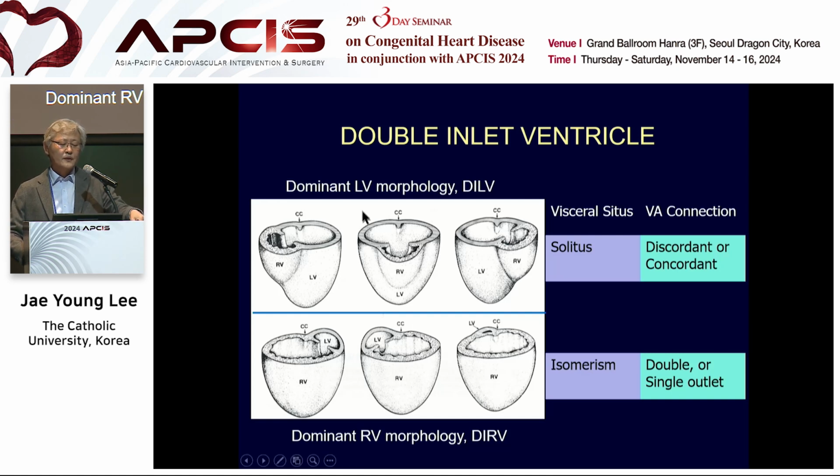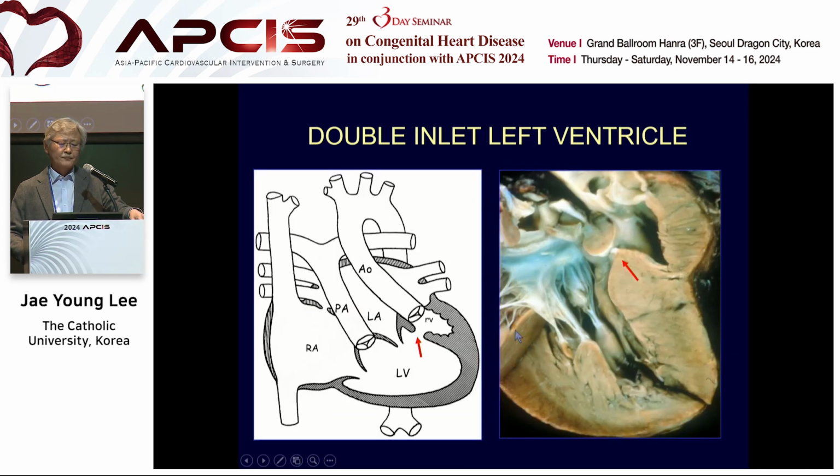Double inlet left ventricle is more common, with visceral situs usually solitus. VA connection is usually discordant. Dominant ventricular RV morphology is frequently associated with isomerism, and the outflow tract is from the morphological RV, with double or single outlet flow tract. In a typical case of double inlet left ventricle, RA joins to left ventricle, left AV valve, right AV valve, and a small rudimentary chamber is left anterior and gives rise to the aorta.